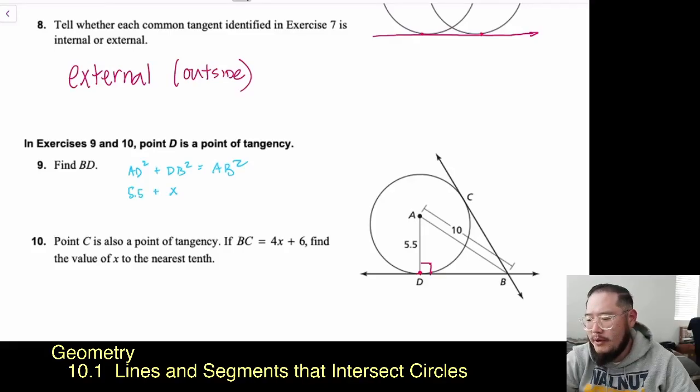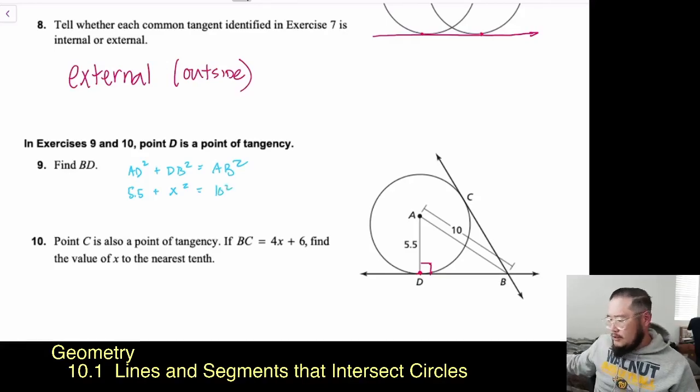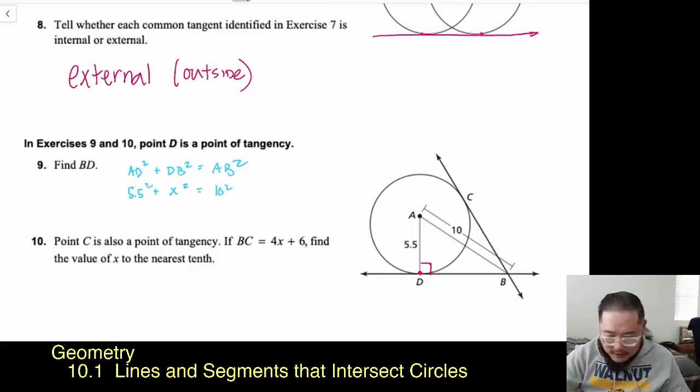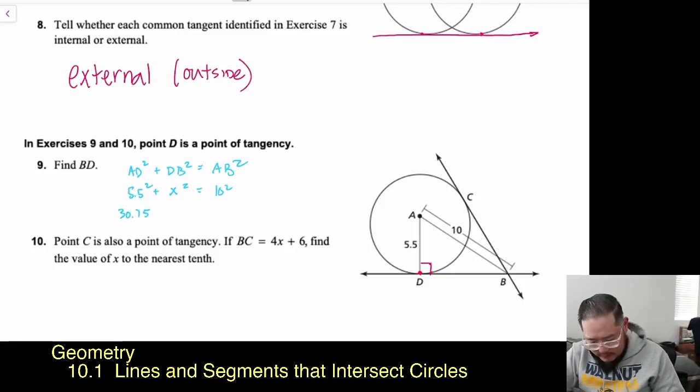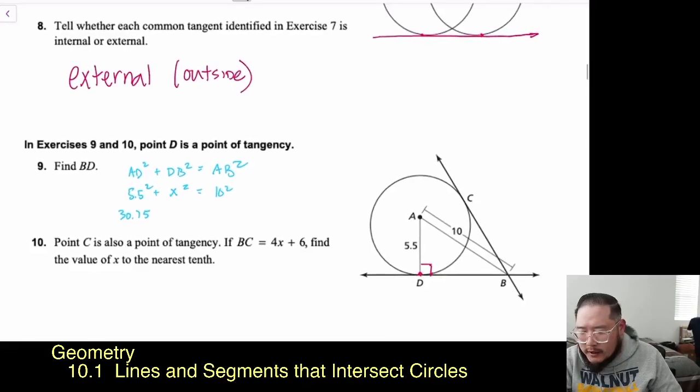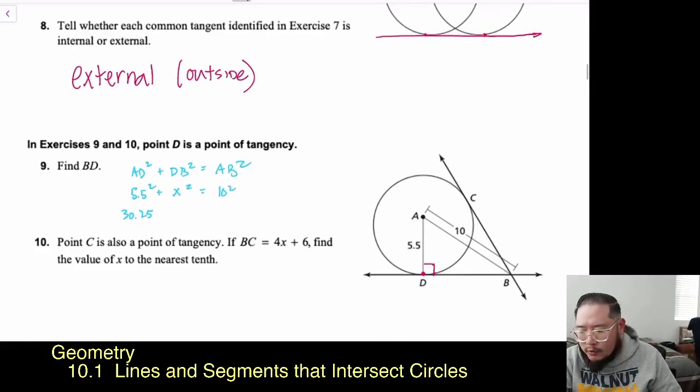And then A to B happens to equal 10. We'll put 10 squared. So let's simplify all of this. We put 5.5 squared, which is 30.25, plus x squared is equal to 100.